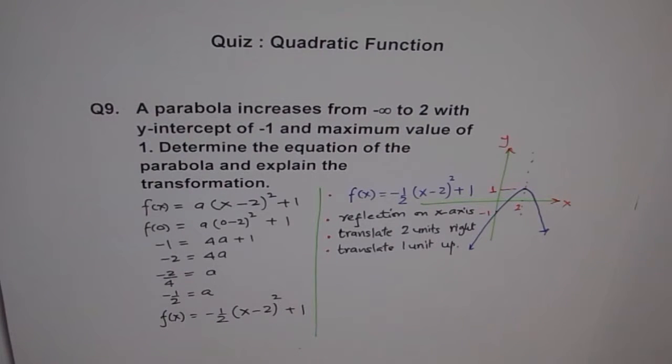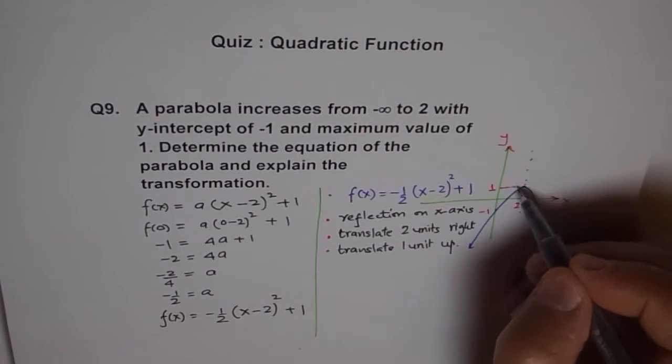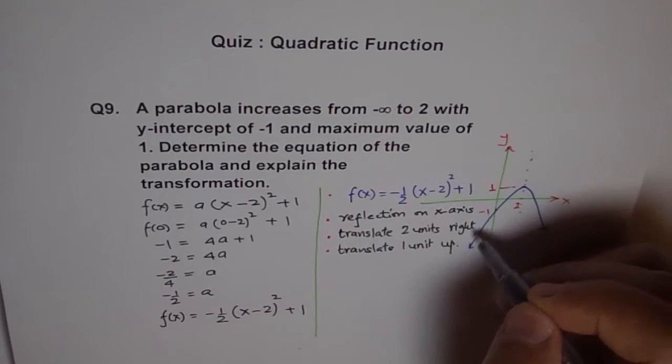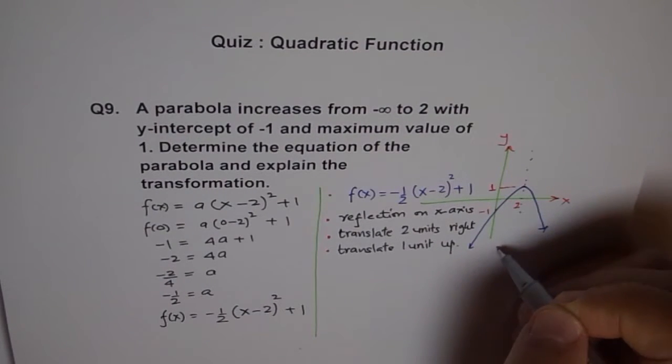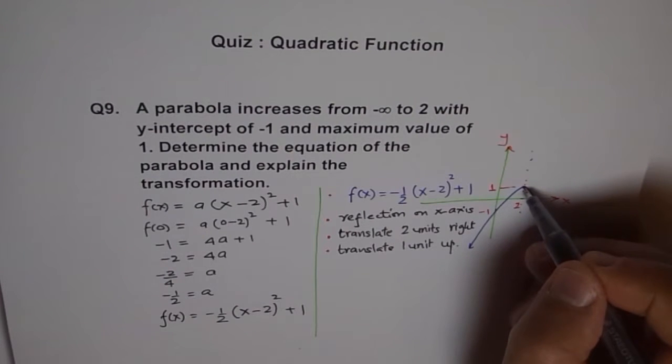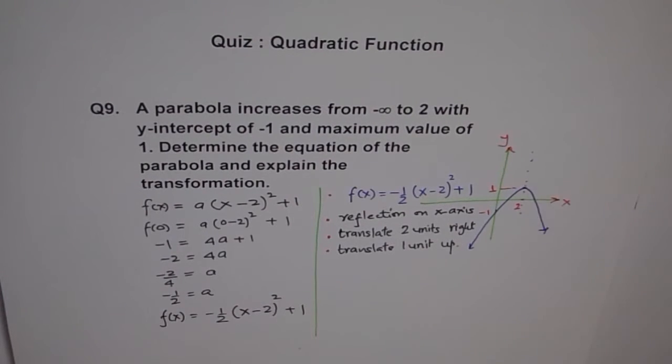As you can see, if your parabola is like this, the first thing you do is reflect it, then you translate right and then up, and you come to this graph. That makes sense, right?